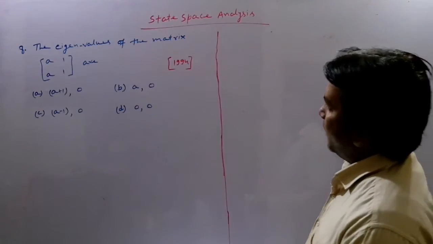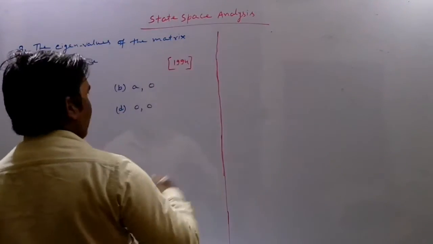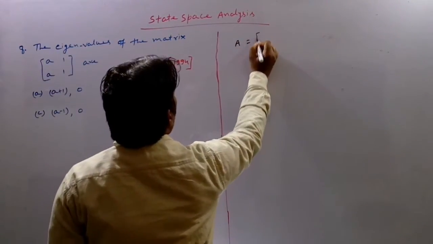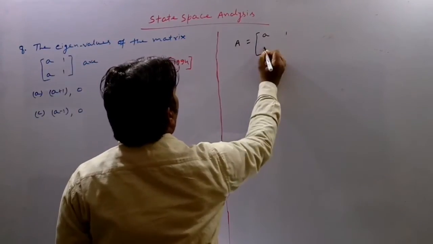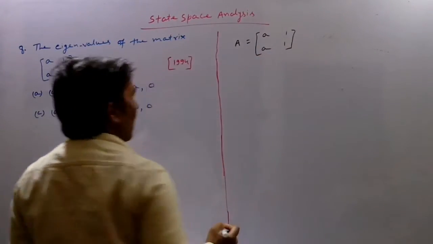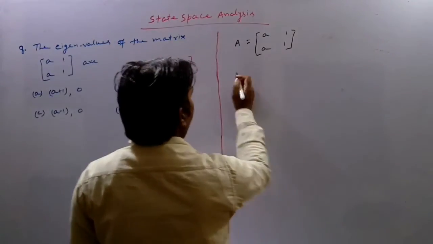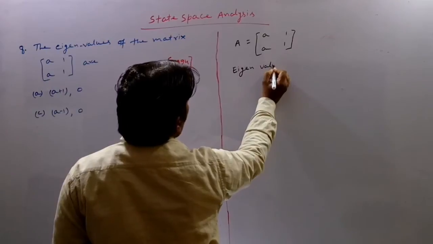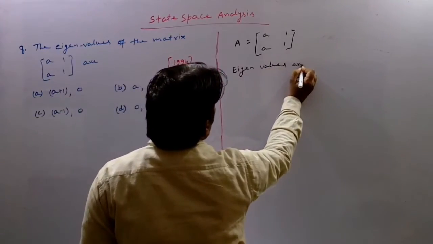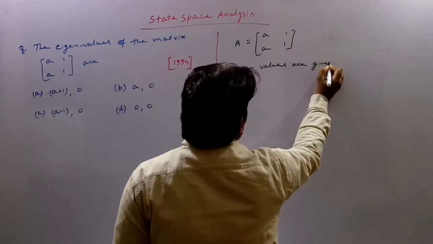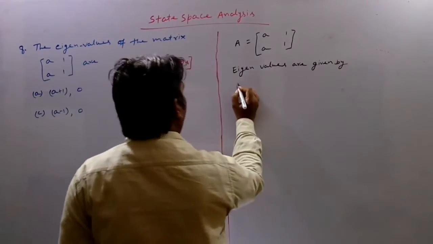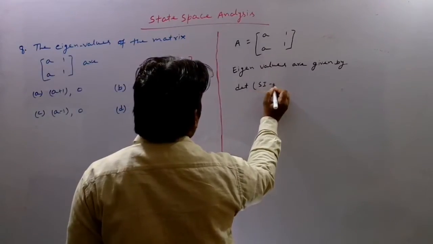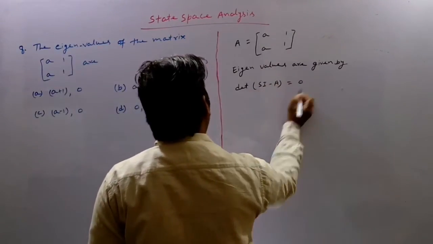So the system matrix A is given as A equal to [A 1; A 1]. Now the eigenvalues are given by, as we know, the determinant of sI minus A equal to 0.